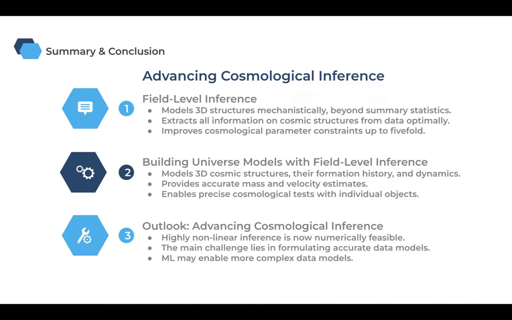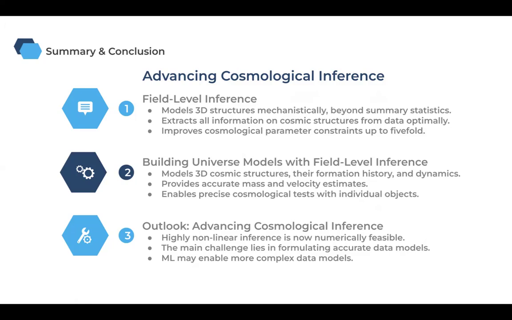We have also shown that beyond the classical cosmology tasks that we can address with that, it allows us to do a variety of interesting new things. So we can build universe models that mirror the actual universe in as much detail as possible. So we get 3D cosmic structures, we get their formation history and the dynamics.